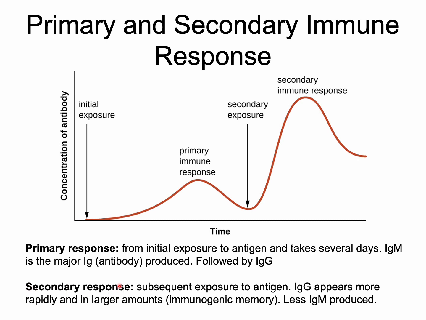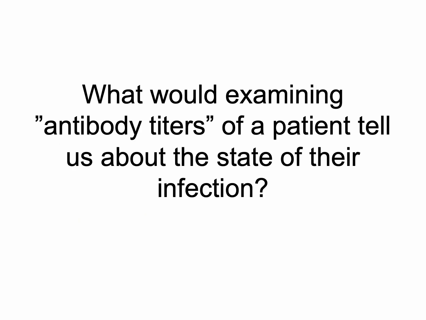During your secondary response, though, any subsequent exposure to that antigen, IgG is produced more rapidly and in larger amounts than IgM. So know that during your primary immune response, there are high levels of IgM. During the secondary immune response, there are high levels of IgG. So why do we care about differentiating between the primary and secondary immune responses?